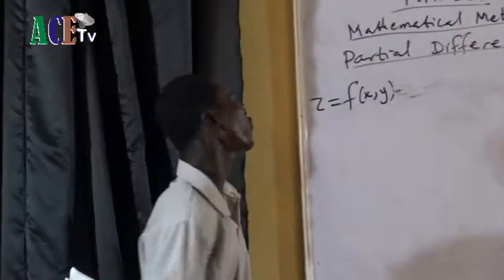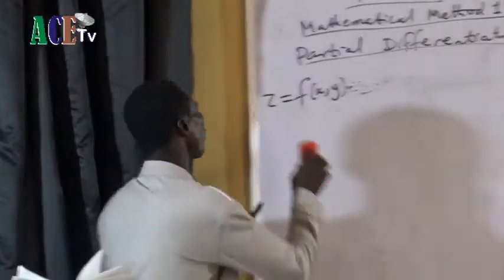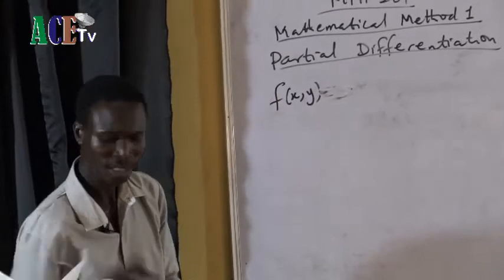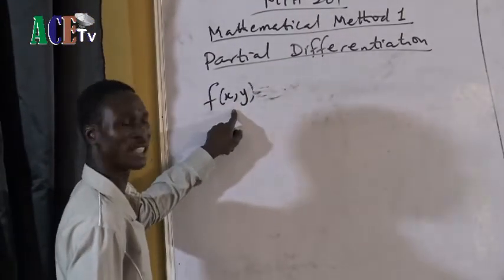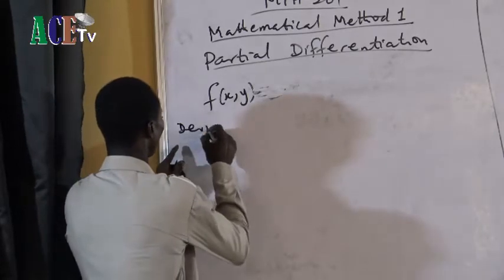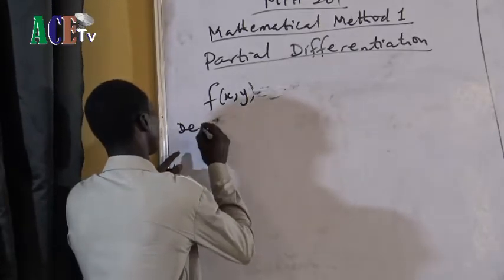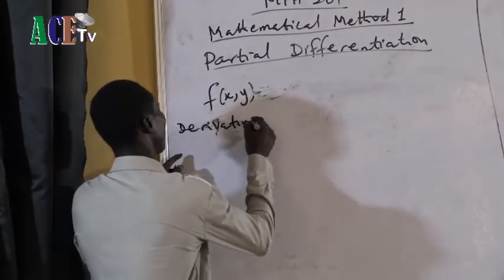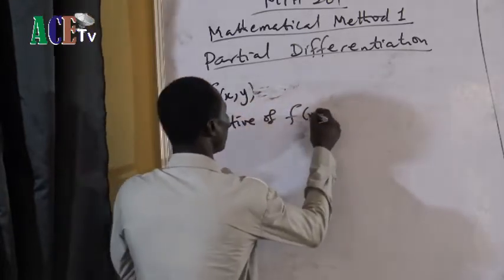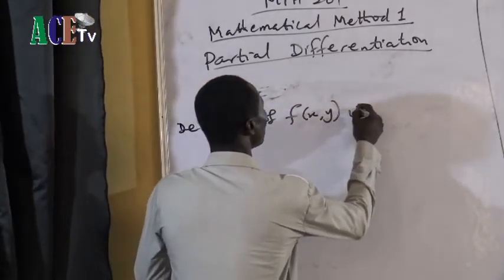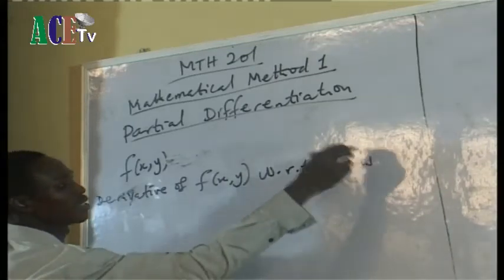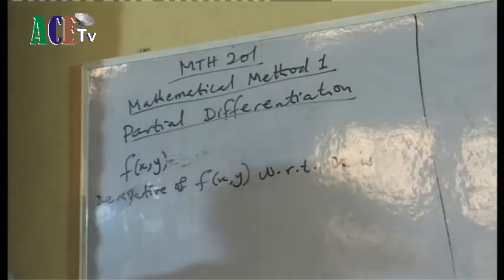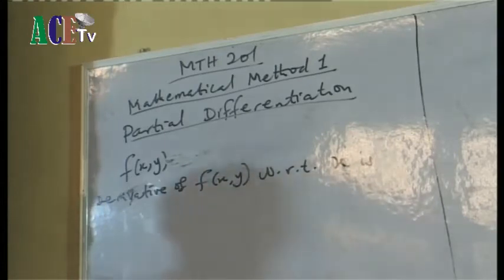Now, if I have this function f of xy, the derivative of this function with respect to x, I will write instead of d, a different symbol.